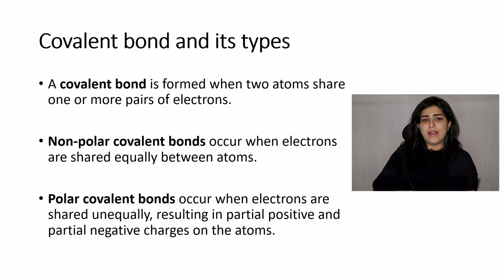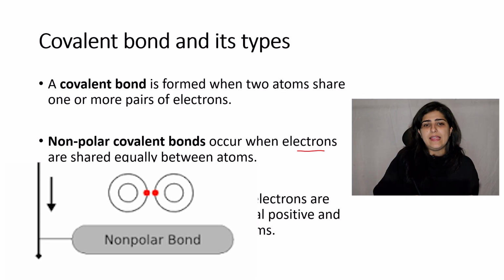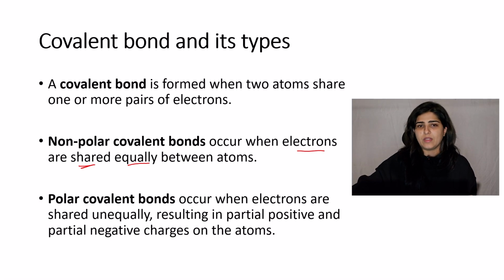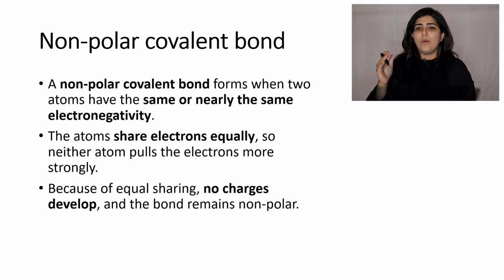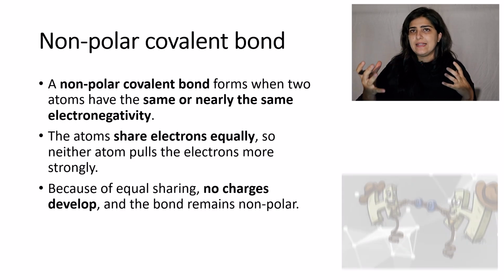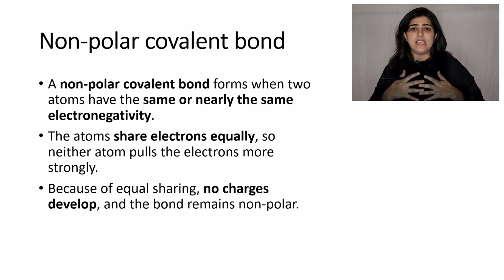Now, a non-polar covalent bond, as you can see on the screen, is the type when the electrons are shared equally between the atoms. Okay, let's try to get a little more in detail here. When the two atoms have about the same or nearly the same electronegativity, that's when they are able to share the electrons equally.